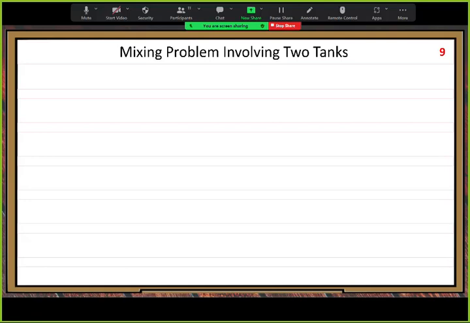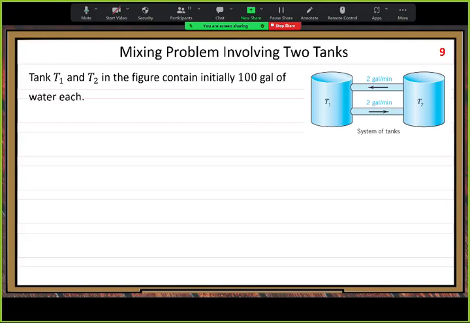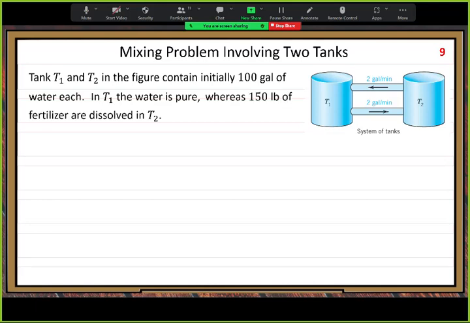Anyway, now look at this two-tank system. Tanks T1 and T2 in the figure initially contain 100 gallons of water each. In T1, the water is pure, whereas 150 pounds of fertilizer are dissolved in T2.